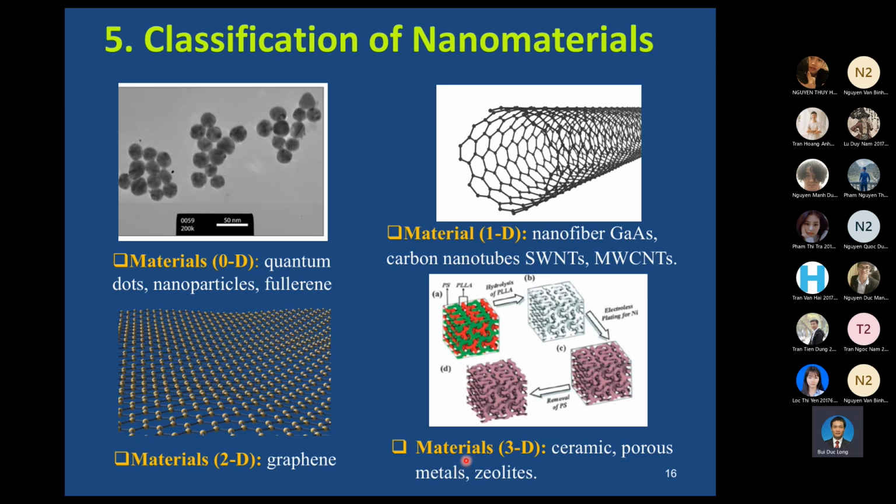And the last one will be 3D nanomaterial, for example, ceramic, porous metal. And please also remember that nanomaterial can be metal, it can be ceramic, it can be a polymer, so not only metal or ceramic.